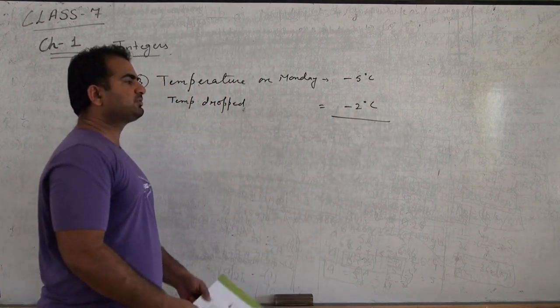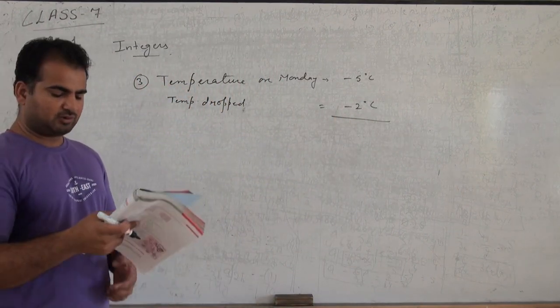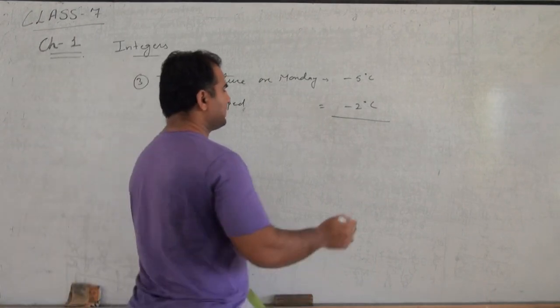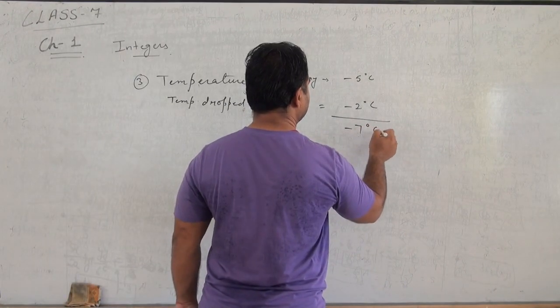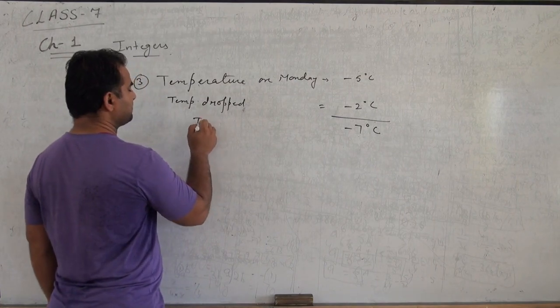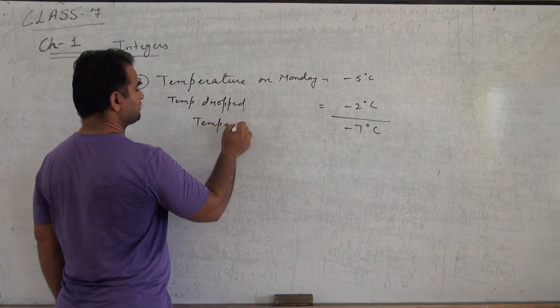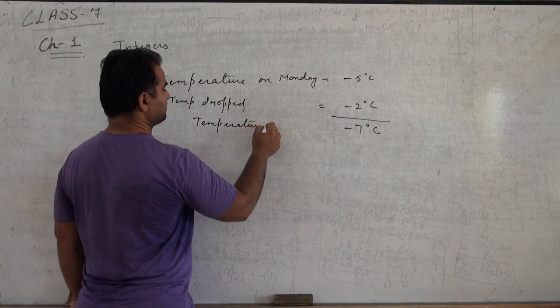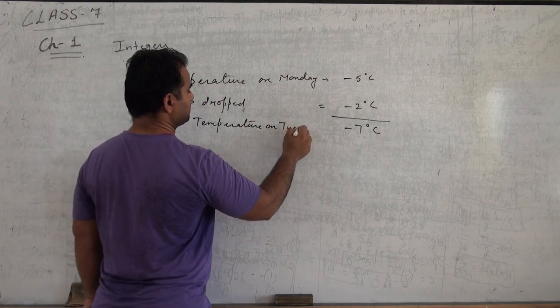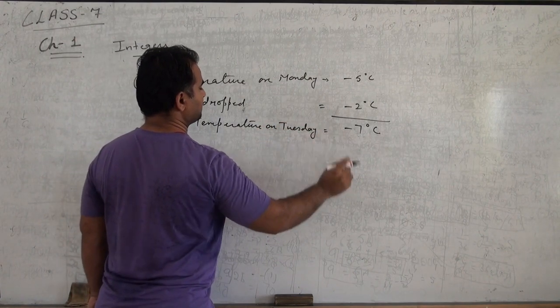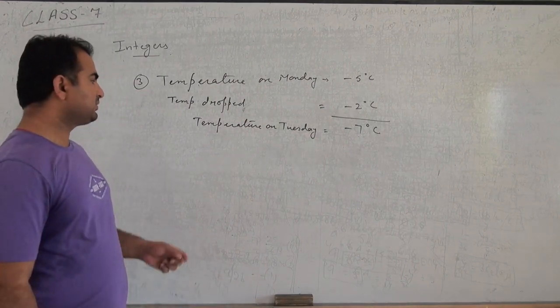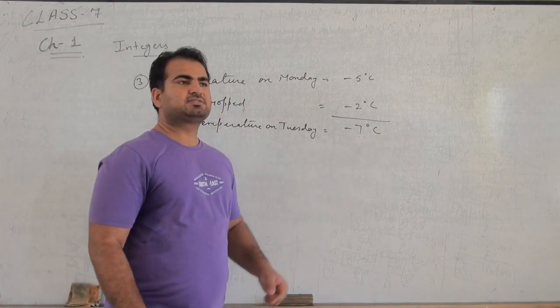So what is minus 5 and minus 2? It will be minus 7. Minus 7 degree centigrade was the temperature on Tuesday.